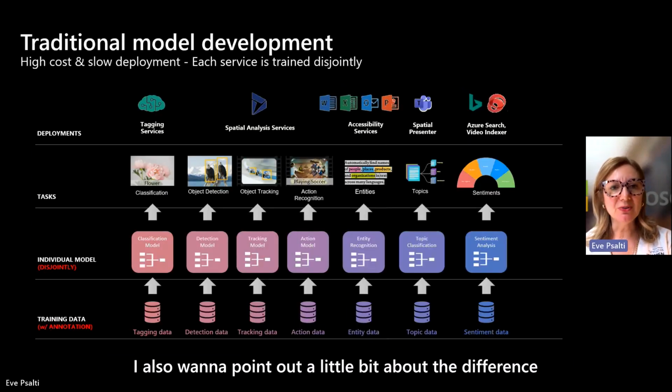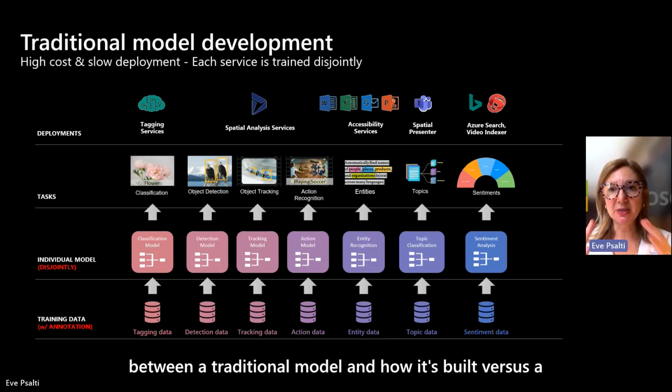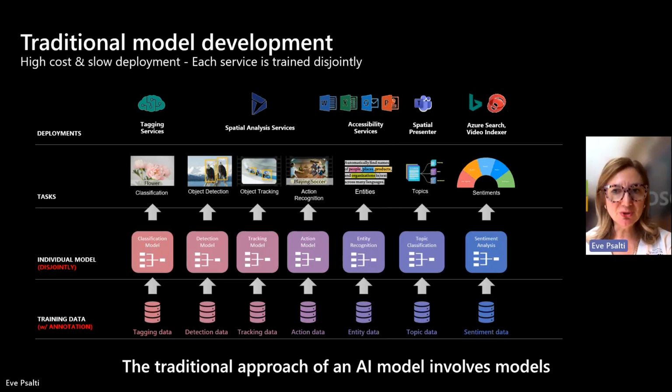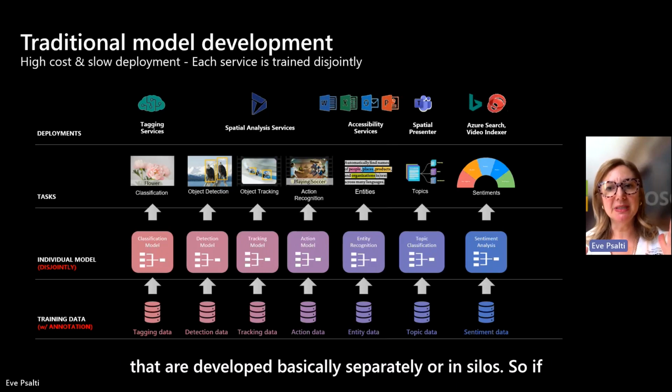Also, I want to point out a little bit about the difference between how a traditional model is built versus a generative AI model. The traditional approach of an AI model involves models that are developed separately or in silos.